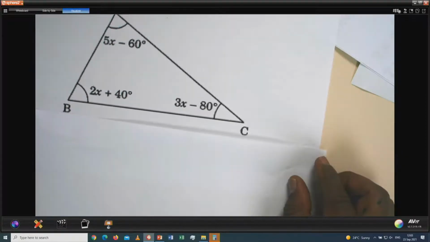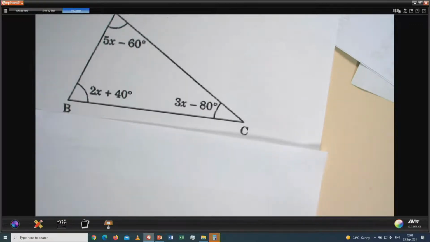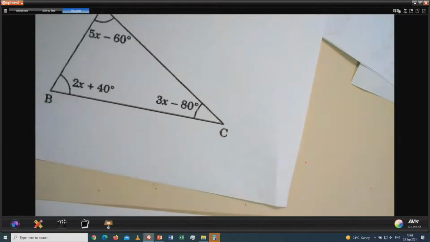What do you have in front of you? A triangle. What do you know about a triangle? When you add all the angles, they will give you 180.